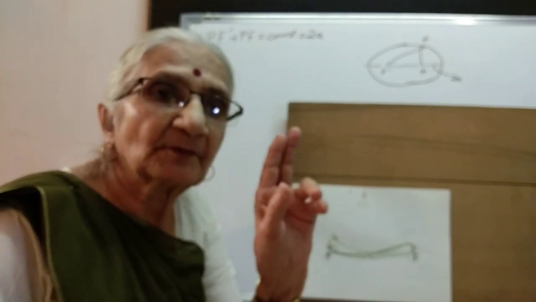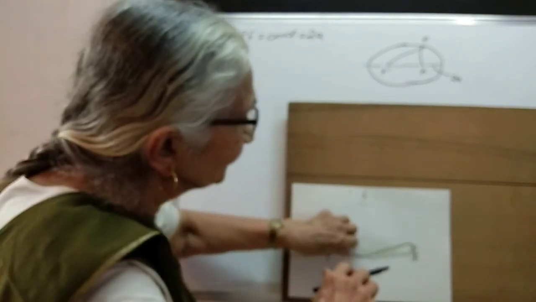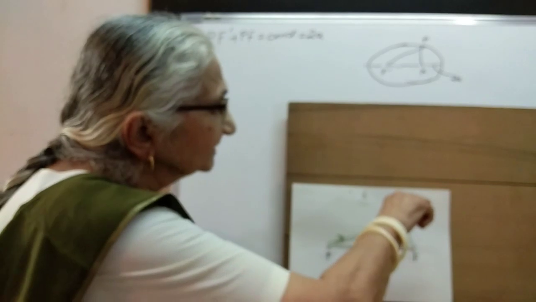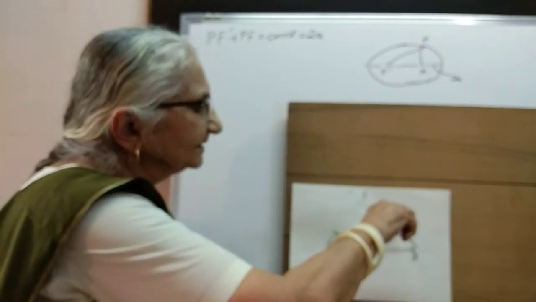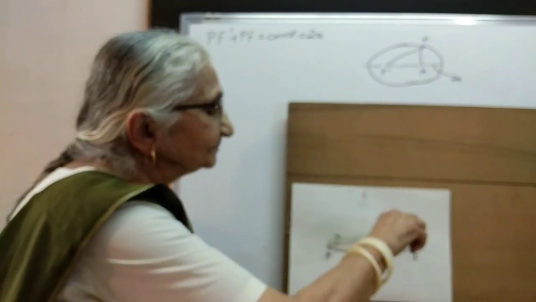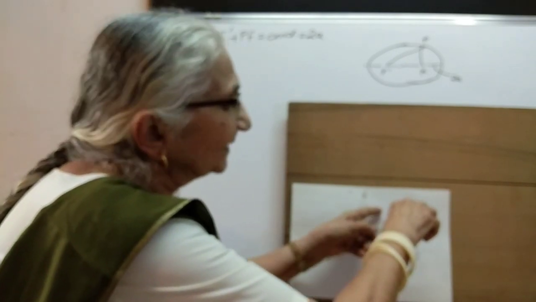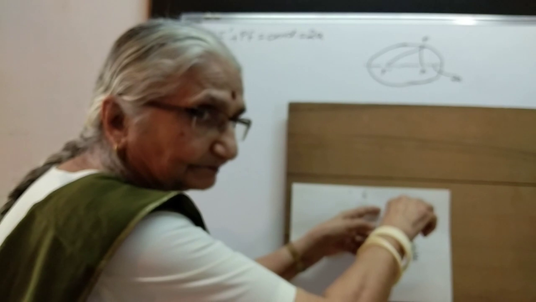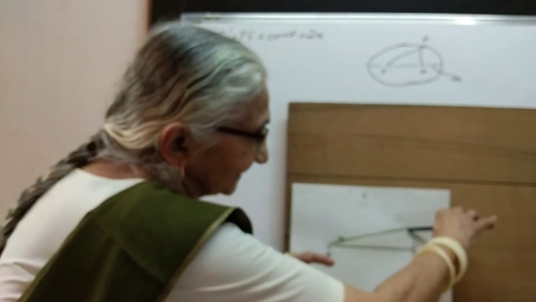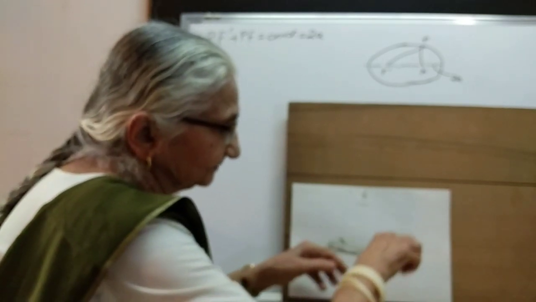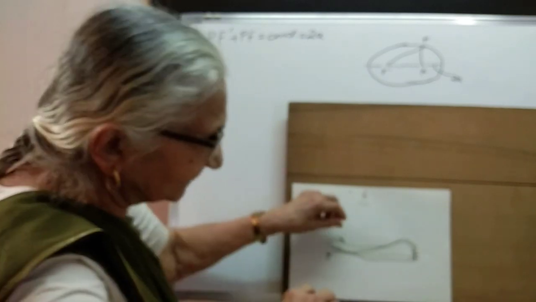While we do this, we have to be careful about two things. One is that when you put this, the string should be tight. It should not be loose like this. Secondly, the pen should be perpendicular to the plane of the paper, not tilted like this or like that while you are doing it. Okay, so now let's get started.